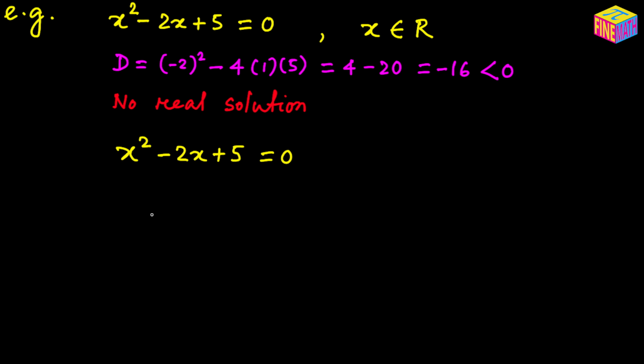So now let's also do the completing the square method for this particular quadratic equation, because we cannot easily factorize it. Our next step is x² − 2 times x times 1, because our −2x can be written like this.